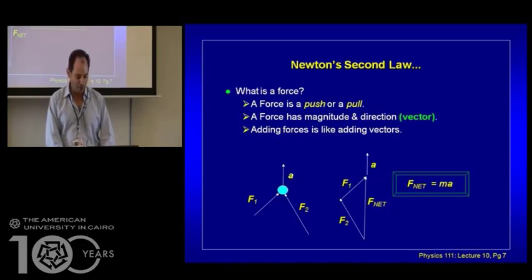So first we have to find the x component of F1 and the y component of F1, then find the x component and the y component of F2 and add them. If you do that, you get the resultant of F1 and F2, or the net force.